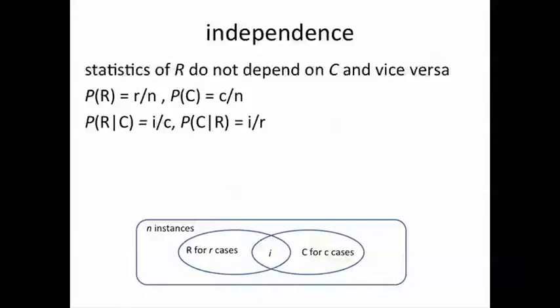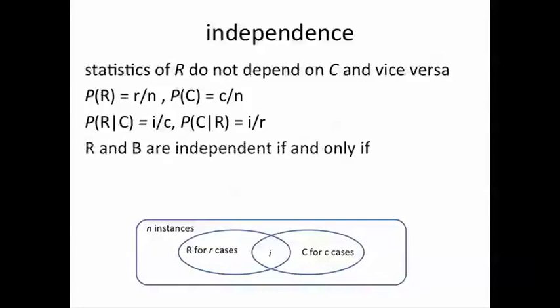Independence says that the probability of r does not depend on whether or not the word cheap is already present in the query. In other words, the probability of r should be the same as the probability of r given c.